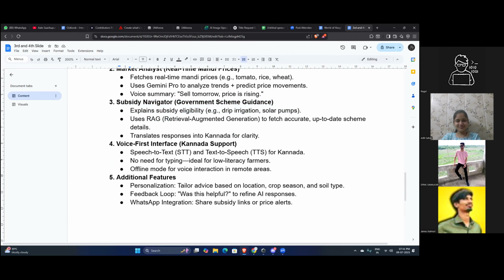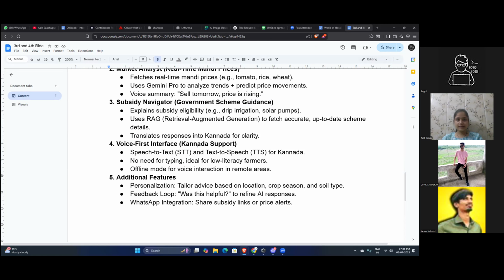The fourth feature is a voice-first interface with Kannada support. It will use speech to text and text to speech, so you don't need to type anything. It's not specifically for Kannada; we are doing it for many languages, but it also has Kannada support.